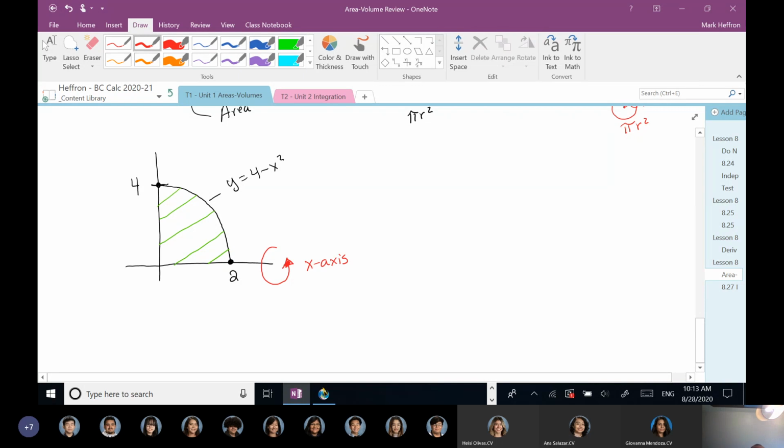Okay. The first thing I want you to do is just draw this on your paper. 1, draw this. 2 is going to be draw as best you can the 3D solid after revolving. And then 3, write the integral.